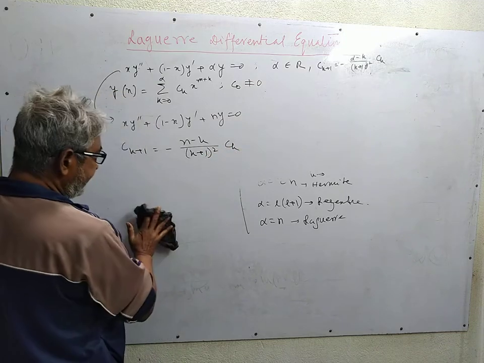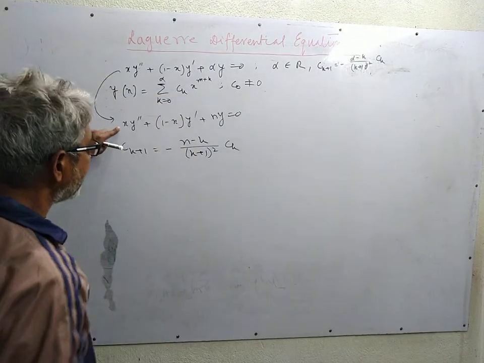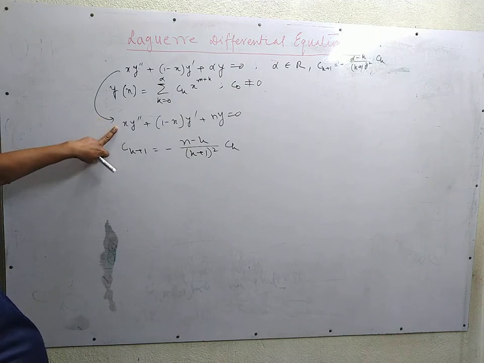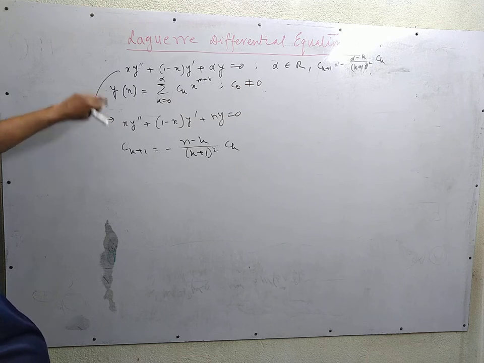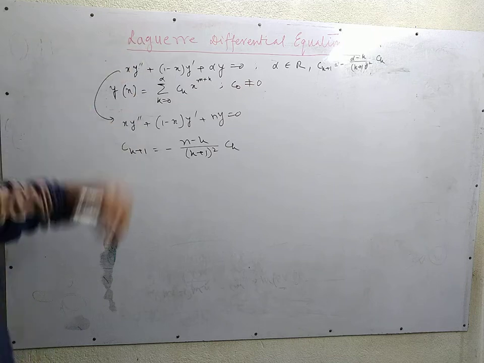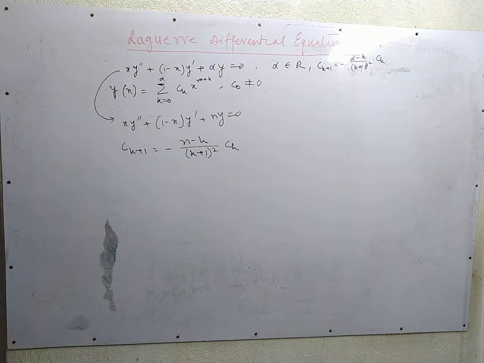You will find in general that the book starts with this as the Laguerre differential equation, but now this has a finite series solution which has an asymptotic convergence.